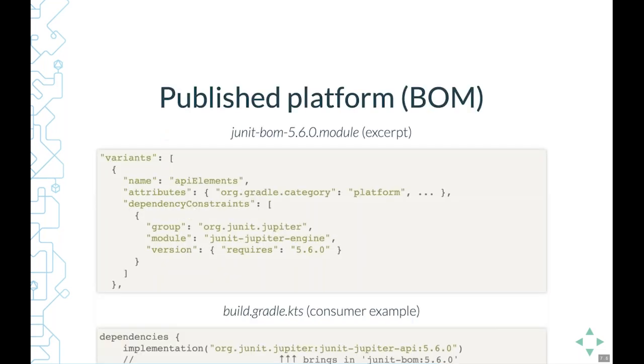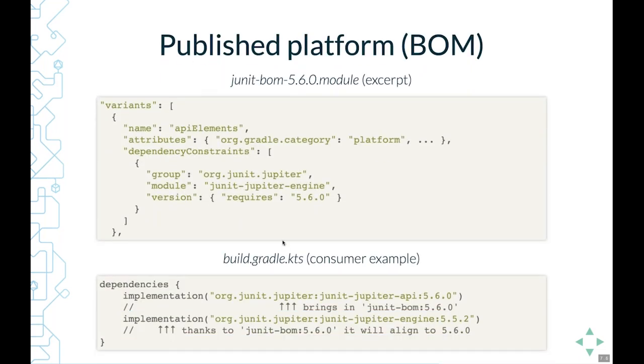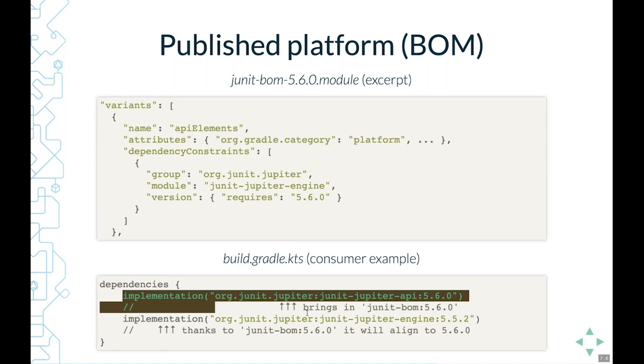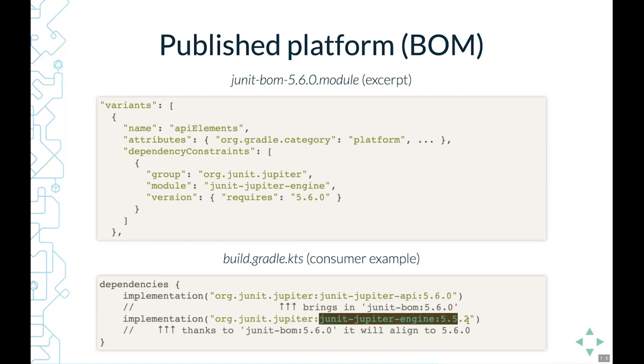So with that published, and with the BOM itself containing references to the different elements that compose the JUnit distribution, when you do something like implementation on the JUnit API with a given version and then implementation on the engine with a different version, Gradle will realize that they're linked and they're supposed to be used with the same version.